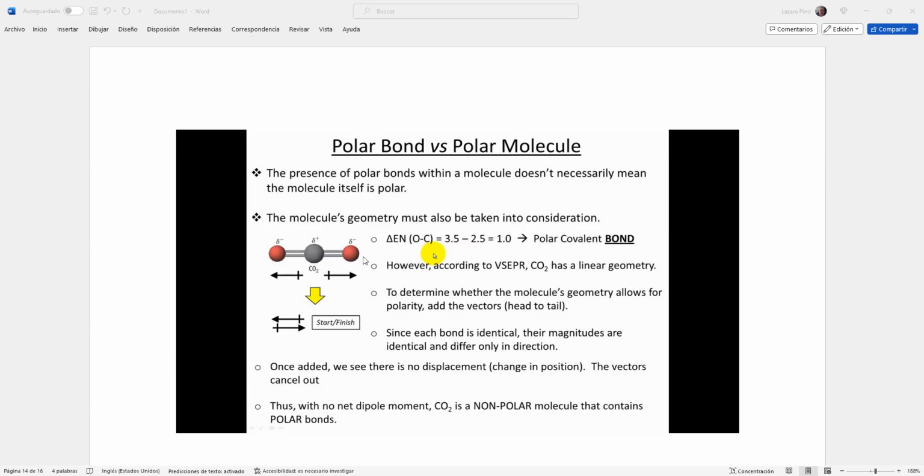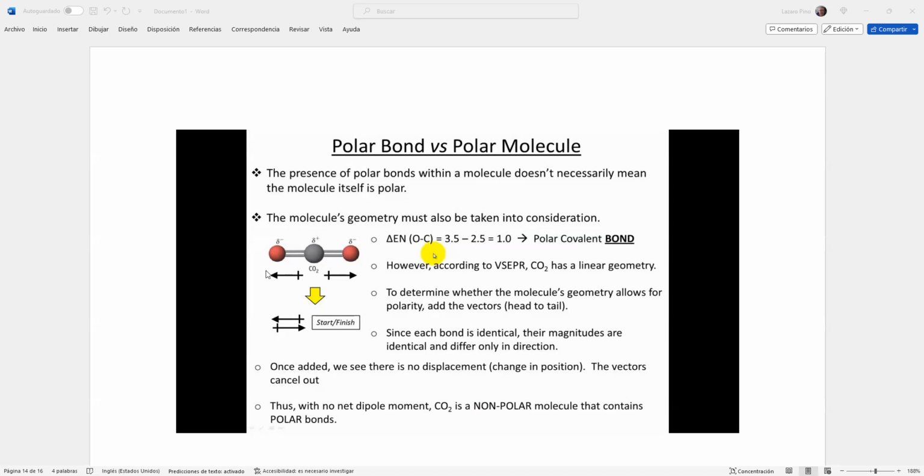The same thing happens in this molecule, but because carbon dioxide is linear and the dipoles are equal and in different directions, you cancel out both dipoles, and the result is that this molecule is non-polar.